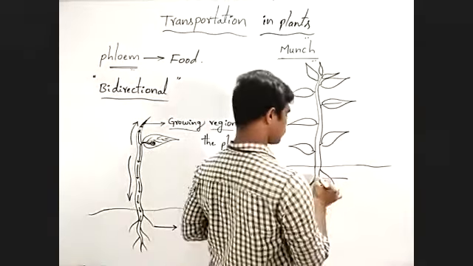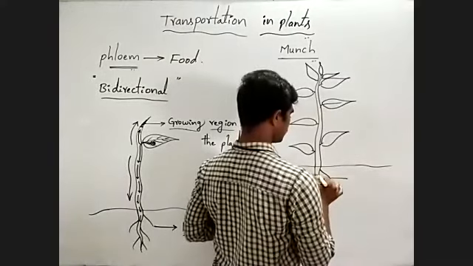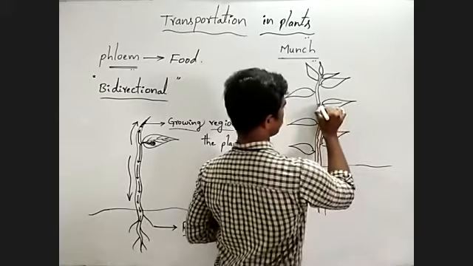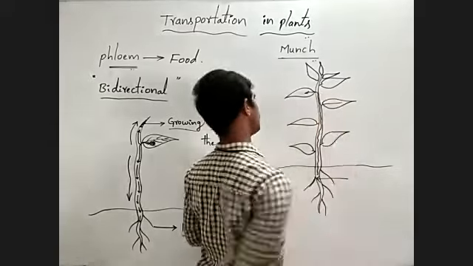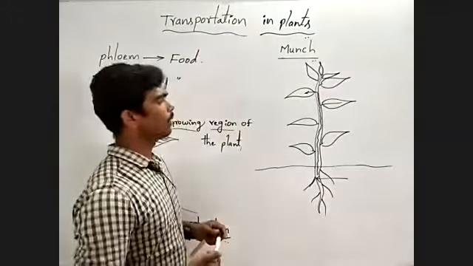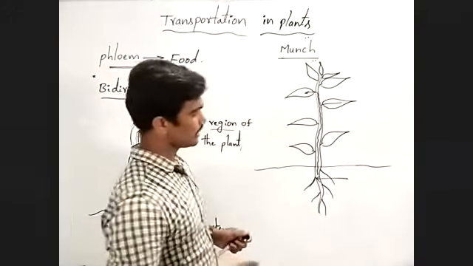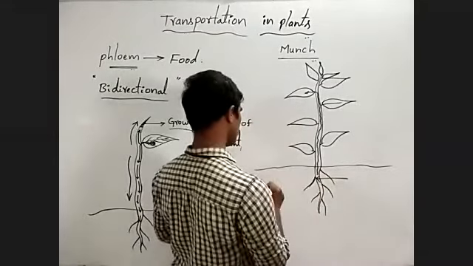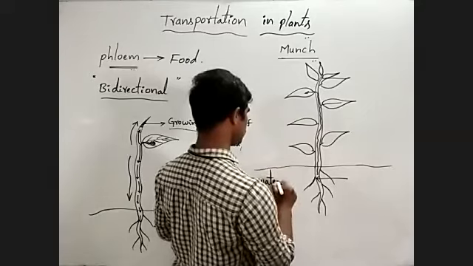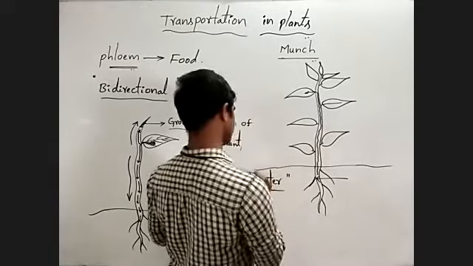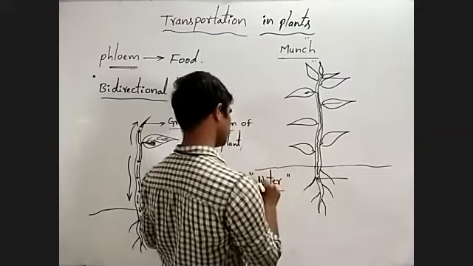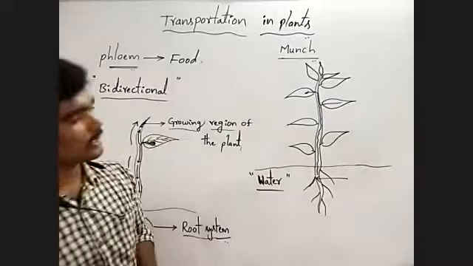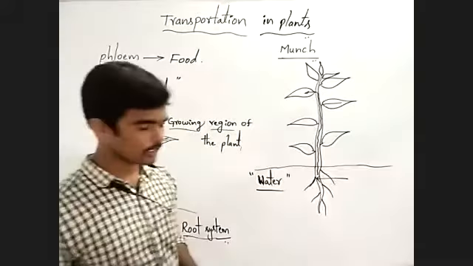Then from the root system, water is transported to each and every part of the plant. Are you understanding? Water is always transported in the upward direction, not in the downward direction.